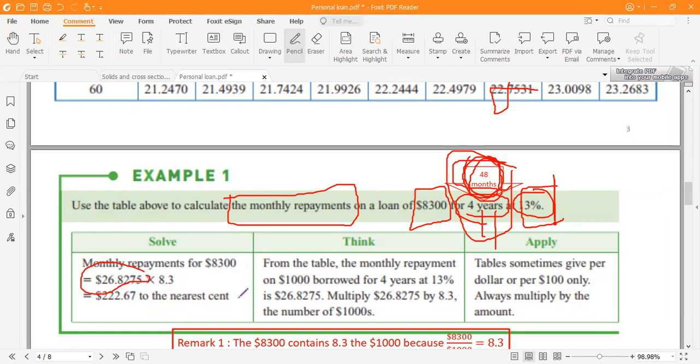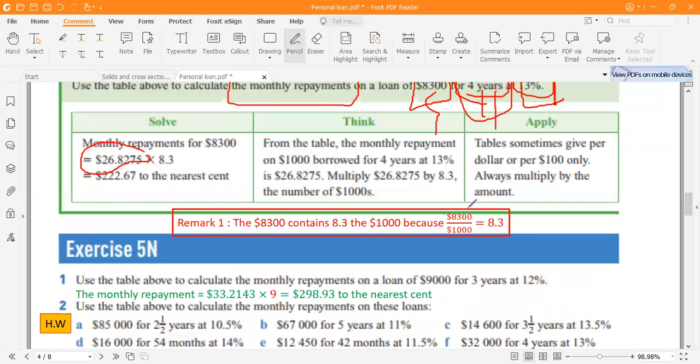So we have 26.8275 per $1,000 borrowed, but here in this statement we have $8,300 borrowed. So we need to know how many thousands $8,300 contains. We divide 8,300 by 1,000 and obtain 8.3.